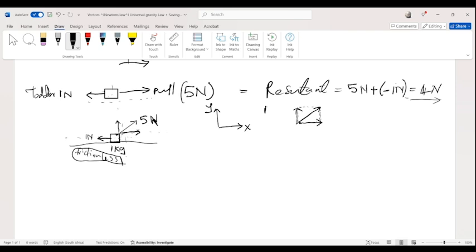If you want to break down your tilted force into components, you have to draw something like a box or a triangle, whereby this will be the components. This is the component on the y-axis, and there's a component on the x-axis.